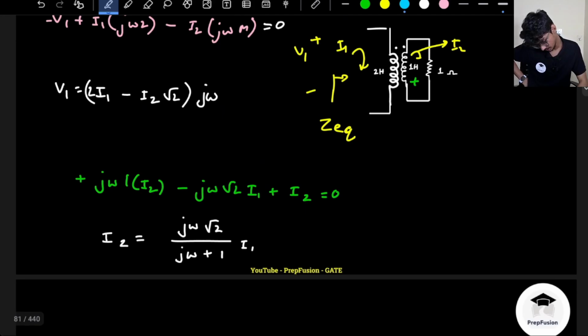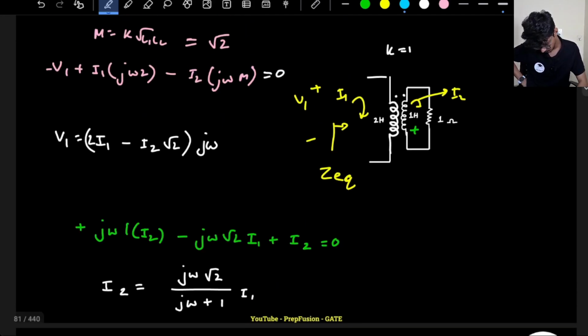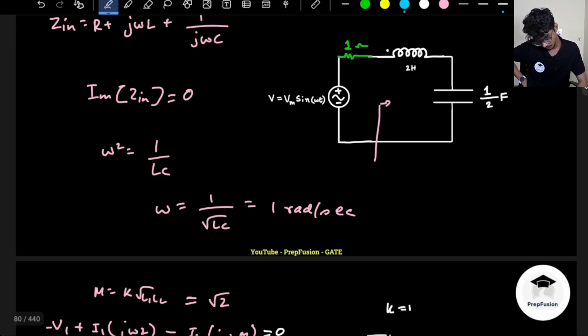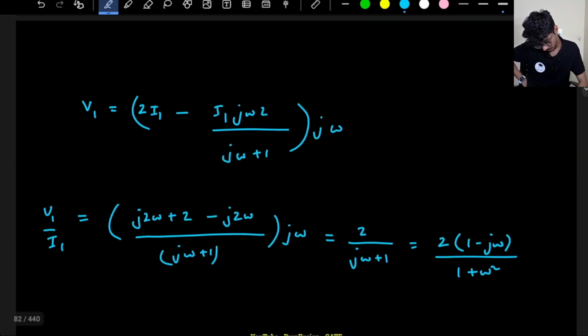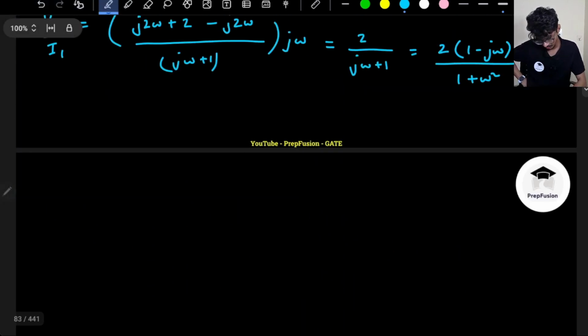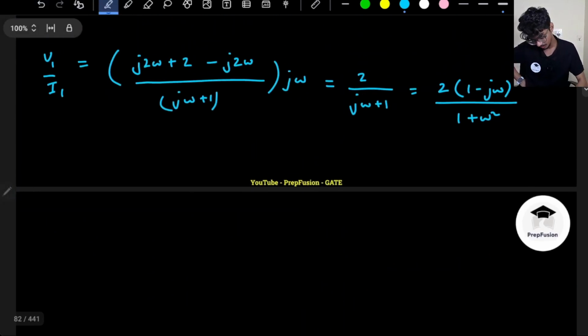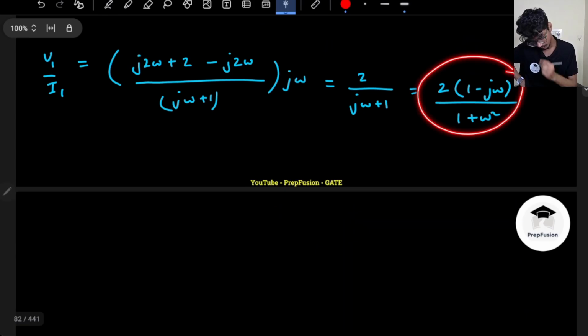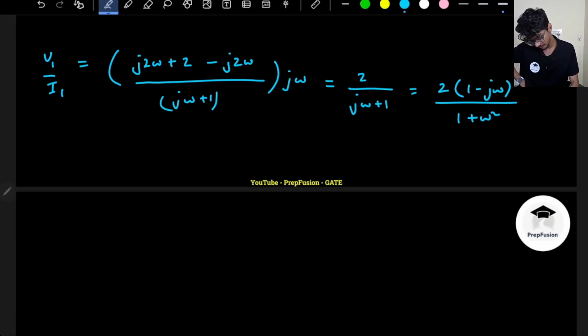Okay, we are stuck. What is the problem? I will tell you. The problem is that resonance frequency will not exist, because I designed this question. So V1 by I1 is this value.